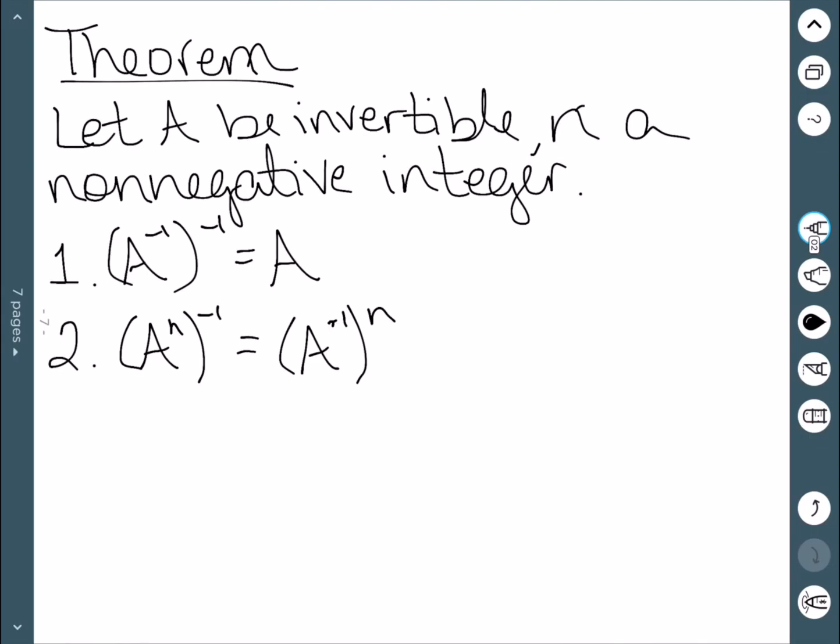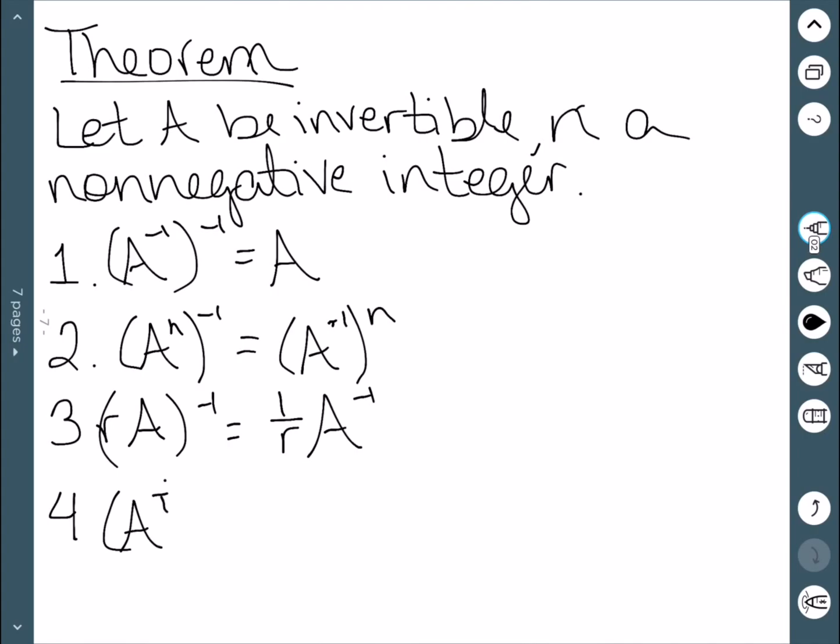The third one, if I try to multiply r times A, that's still invertible. And if I take the inverse, it is 1 over r times A inverse. And then the final one, if I have the transpose, it is also invertible. And it's the same thing as the transpose of the inverse.